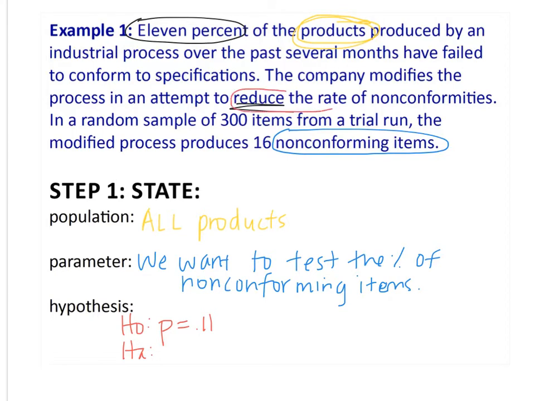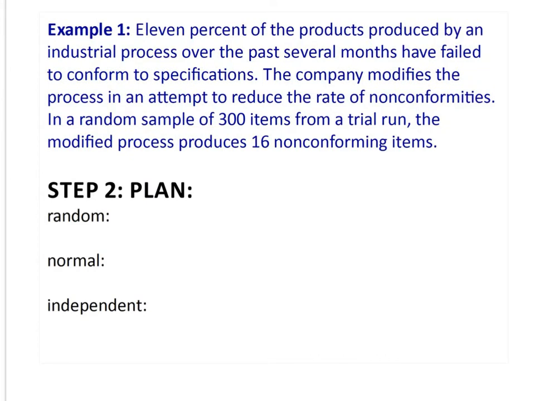We want to reduce the rate, so our alternative is that P is less than 0.11. We also would find this alternative because my sample proportion was less than 11%, so I think it's actually being reduced.